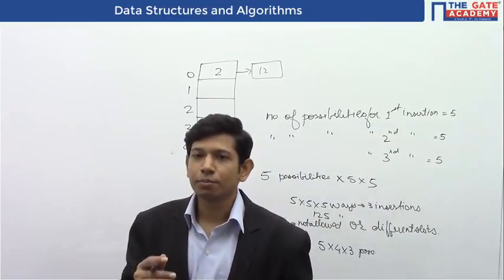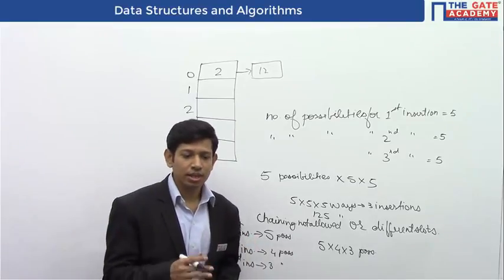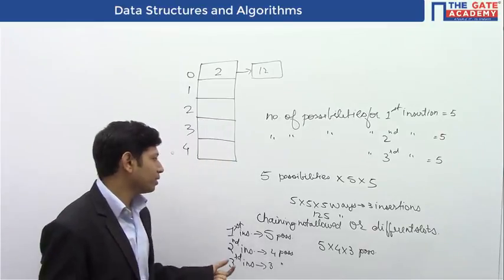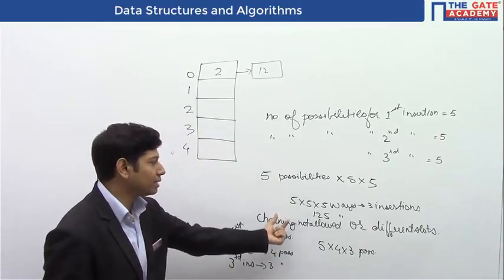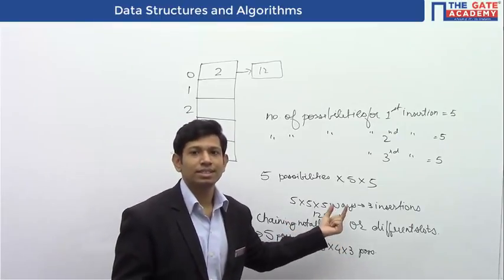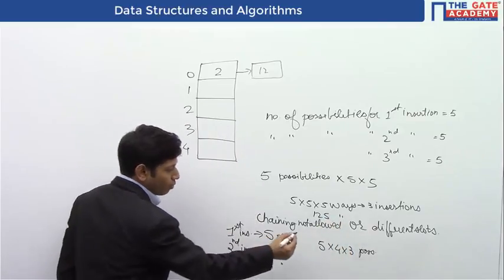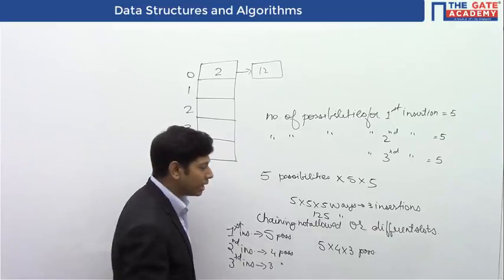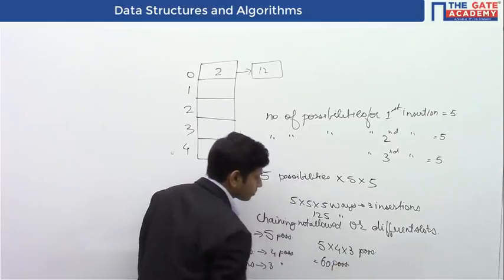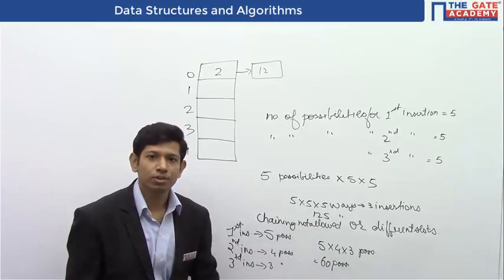So the probability that 2 keys hash to the same slot will be the total number of possibilities minus the number of possibilities of keys hashing to different slots. We obtained 5 into 4 into 3, which is equal to 60 possibilities of 3 keys hashing into different slots.